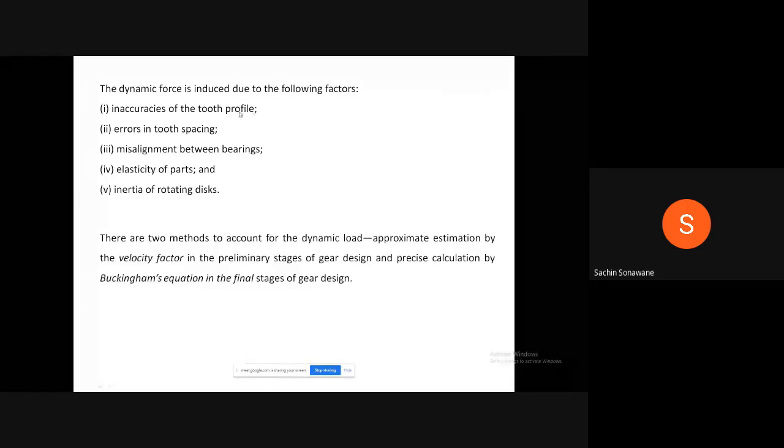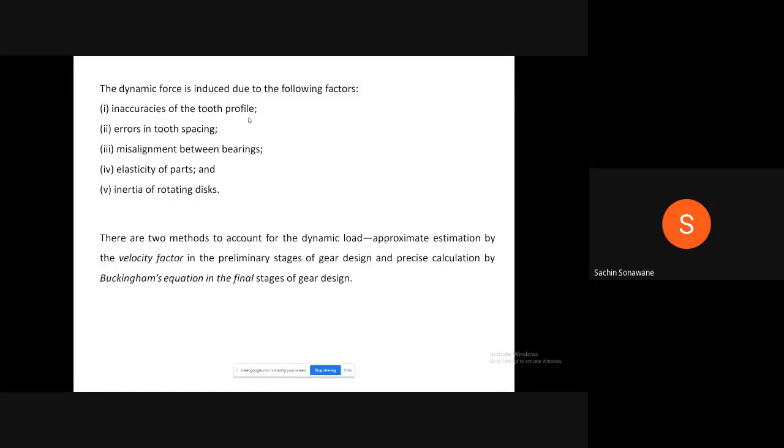First, inaccuracies of the tooth profile, errors in tooth spacing, misalignment between bearings, elasticity of parts, and inertia of rotating discs. There are, in general, two methods to account for the dynamic load.